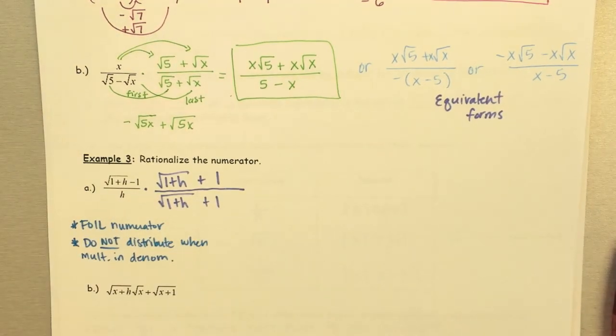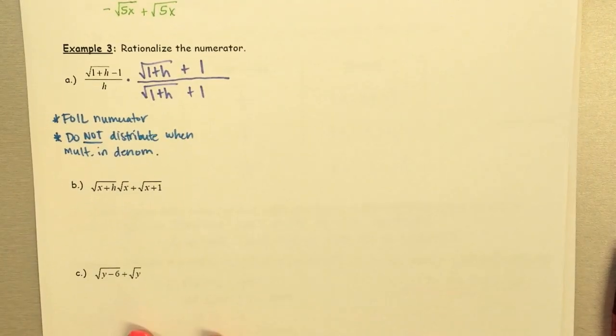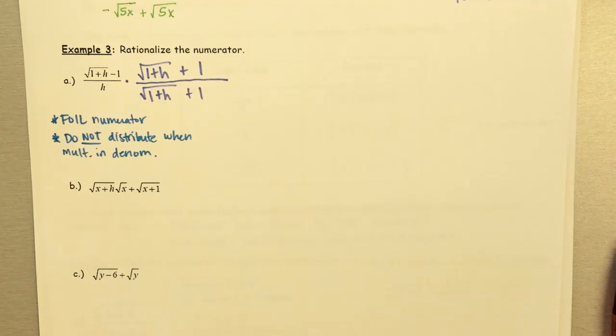Do not distribute when you're multiplying in the denominator. You'll see why in a few moments. We are going to be manipulating this equation a little bit. So let's FOIL the numerator, and then we're going to keep the denominator as h multiplied by a quantity.